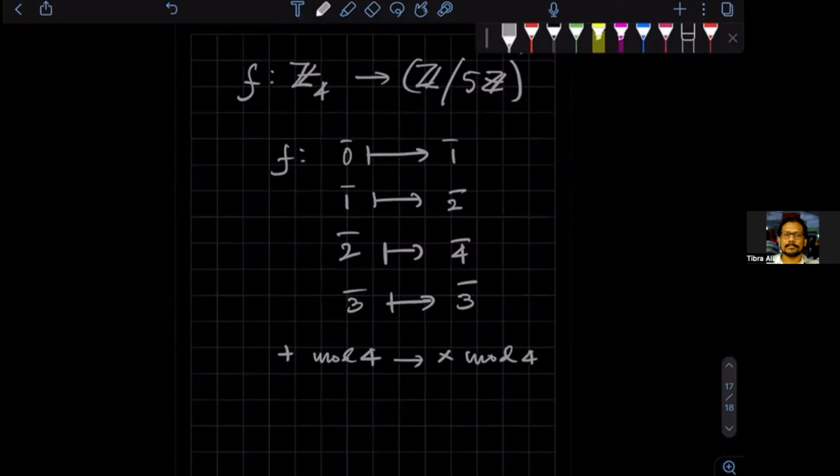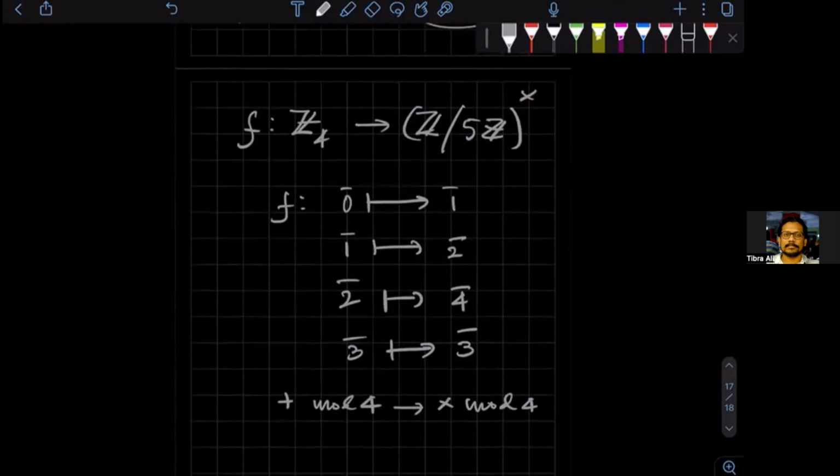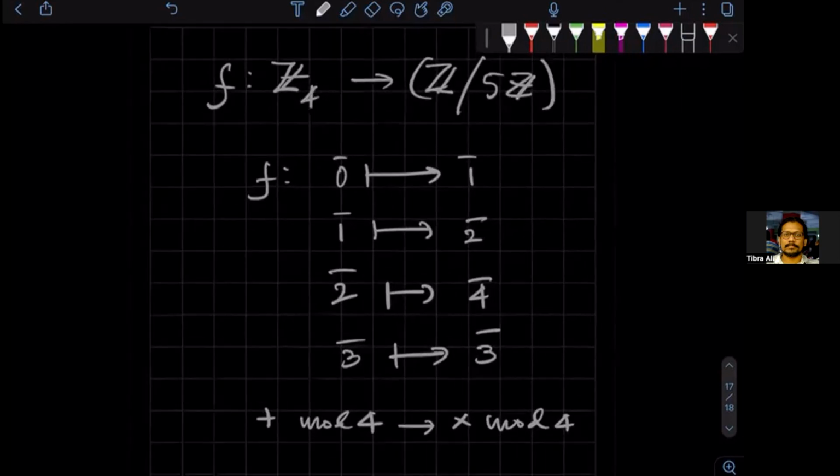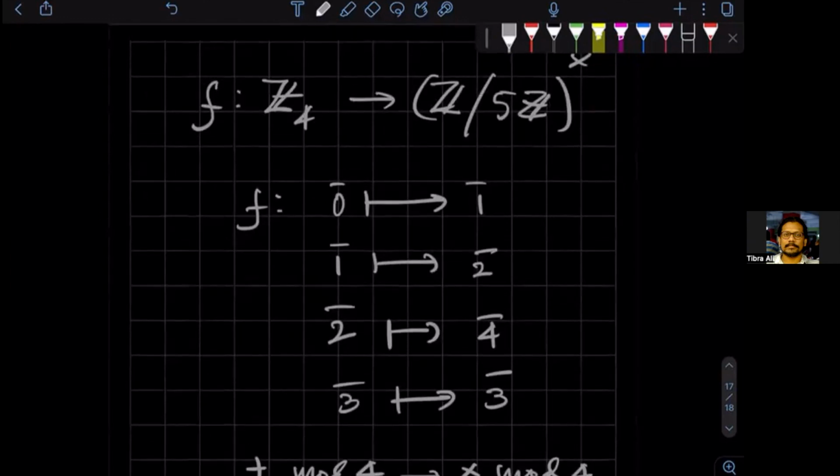This is the map between the two different group structures. So then we see that we have an isomorphism, right? This is an example of an isomorphism between two groups. Okay, is that clear?